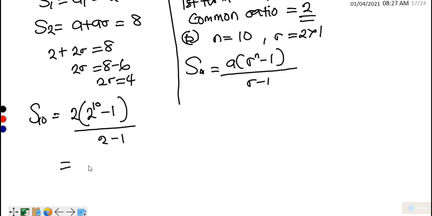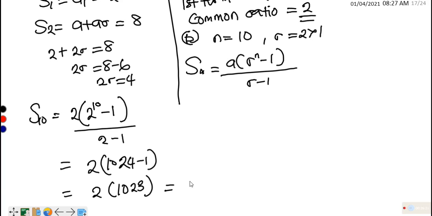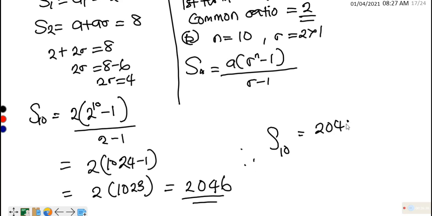Okay, and that of course is 2 into 2 raised to power 10, which is 1024, minus 1, and this is 2 into 1023, and if we multiply this by 2, we have 2046. So therefore the sum of the first 10 terms is 2046, and that solves the problem.